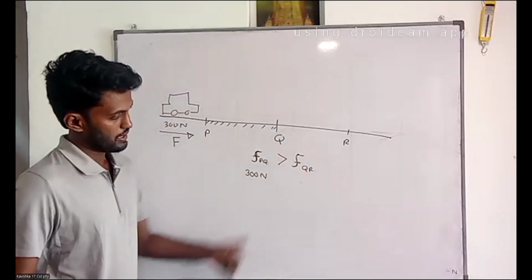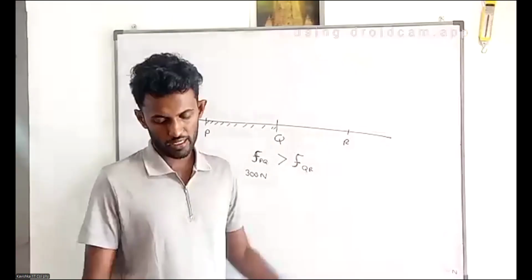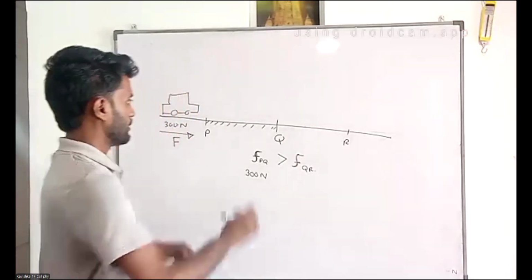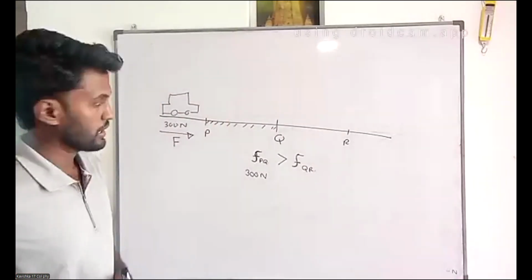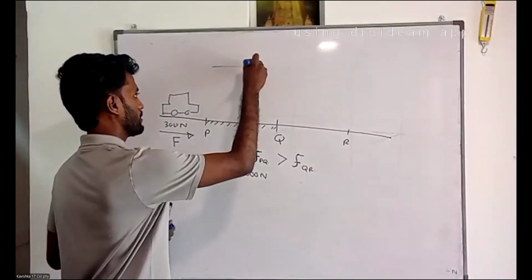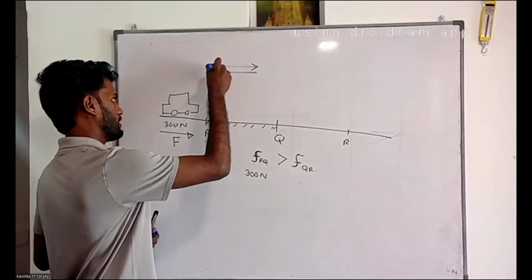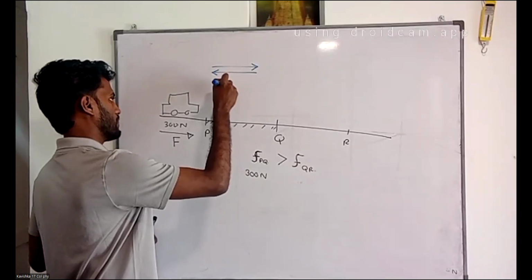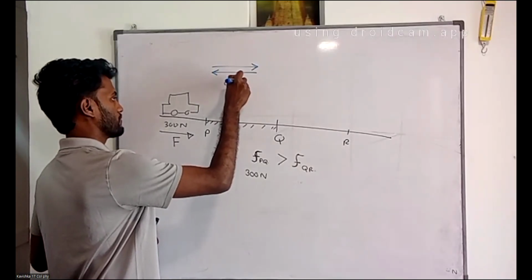So in the PQ area, what happens? In the forward direction there is 300 newtons, and in the backward direction 300 newtons. So this is uniform velocity.